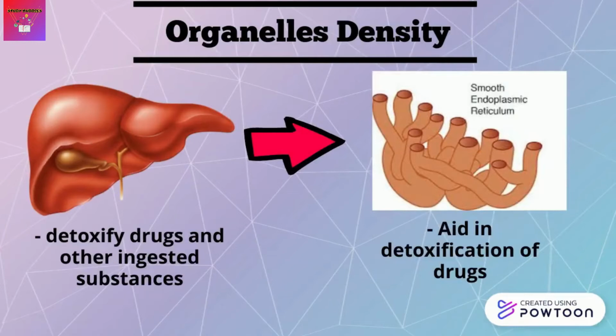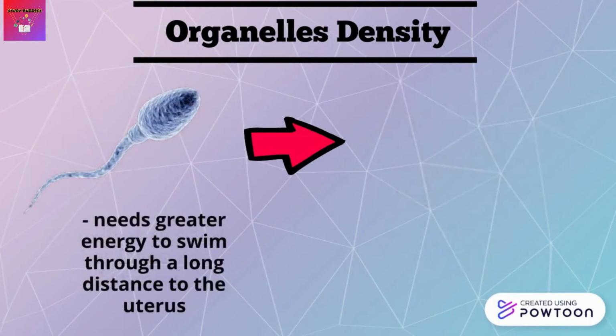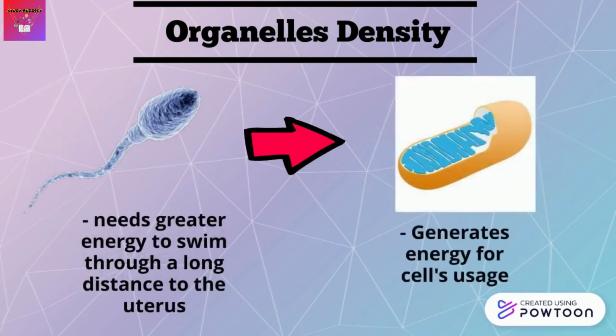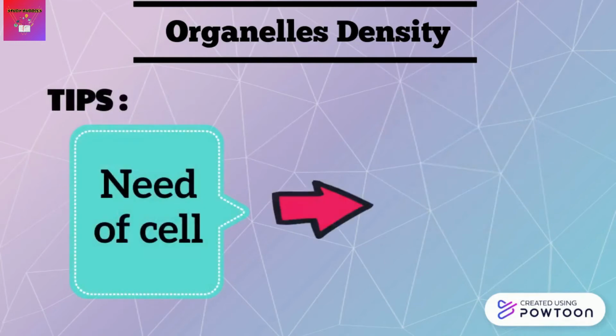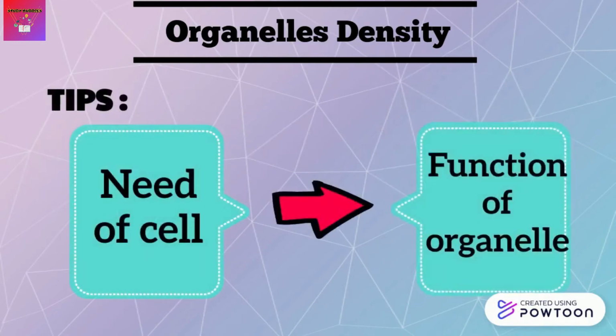This is because one of the functions of smooth endoplasmic reticulum is to aid in detoxification of drugs as well. Another example is a sperm cell, which needs to swim a longer distance to the uterus and has a greater number of mitochondria that generate energy for its propulsion. The key tip to remember here is to always connect the need of the cell being highlighted to the function of the organelle.